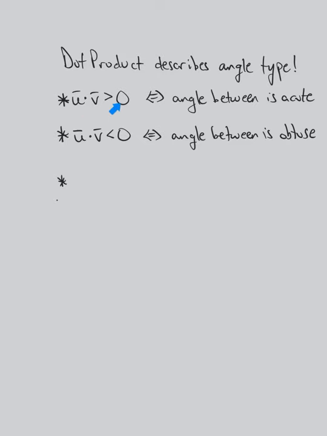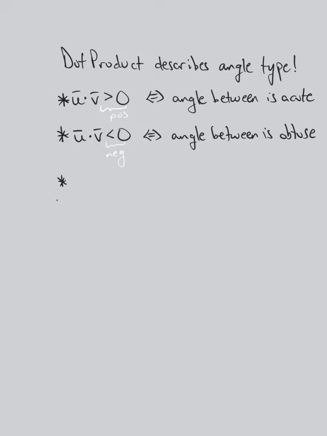So if your dot product is positive, so remember greater than 0 means positive, the angle between them is acute. And then if the dot product is negative, so remember that means less than 0, then that tells you that the angle is obtuse.